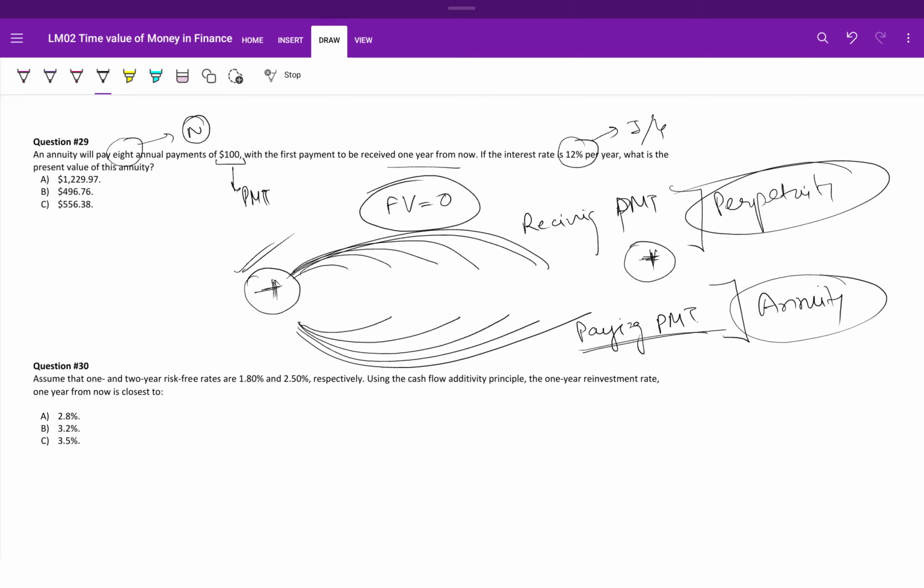Somewhat opposite, not exactly, but definition-wise, the best way to remember what annuity and perpetuity are is to remember one of them, and this will help you remember what the other one does.